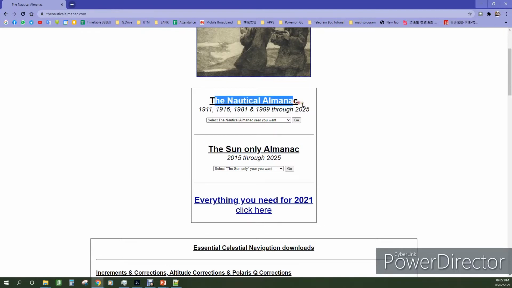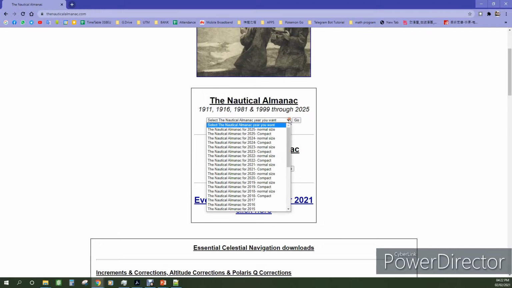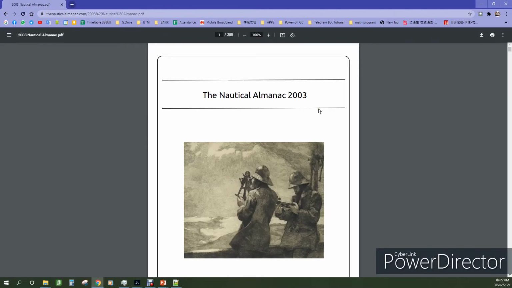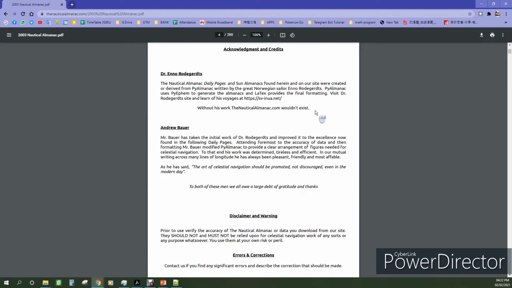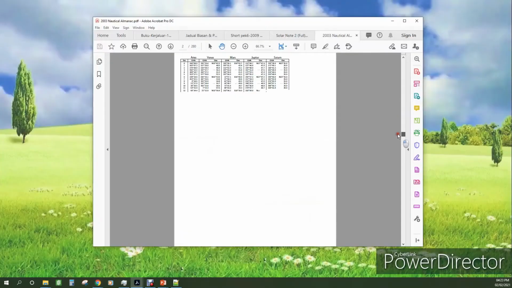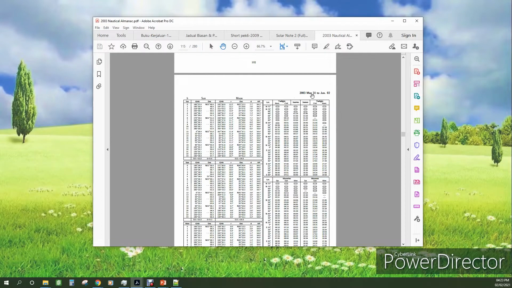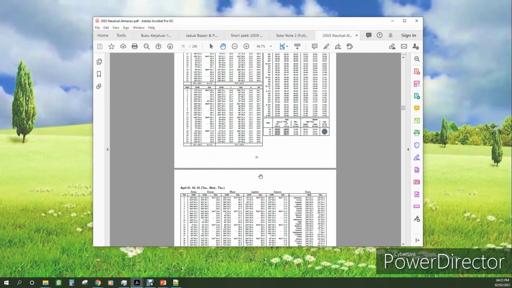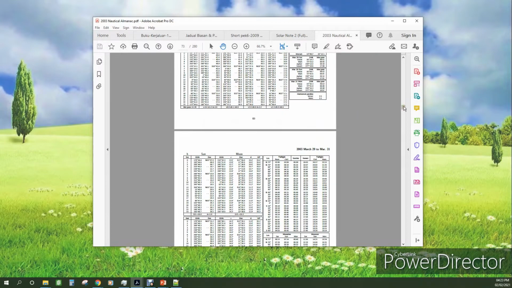The nautical almanac includes the stars in there. So we need the year 2003, and we press go. Find the date of our observation. This is on the 7th March. So we need to find where is the 7th March.